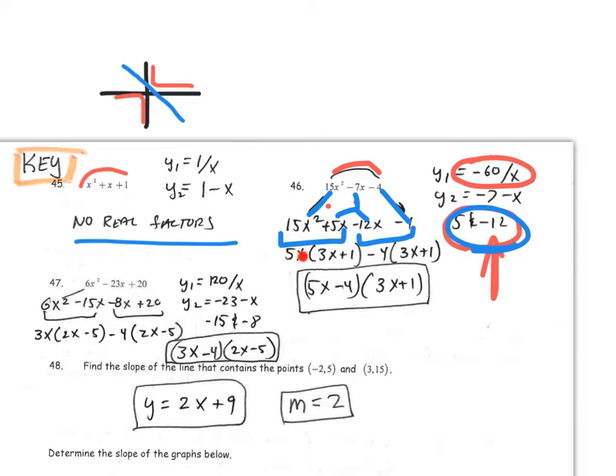We can factor out 5x, and we're left with 3x plus 1. That's going to be the same, 3x plus 1. You bring the sign down, it's a negative. 12 and 4, you can factor out a 4, and you get a 5x minus 4 and a 3x plus 1 factor. And I'm going to skip 47, but here it is to look at.